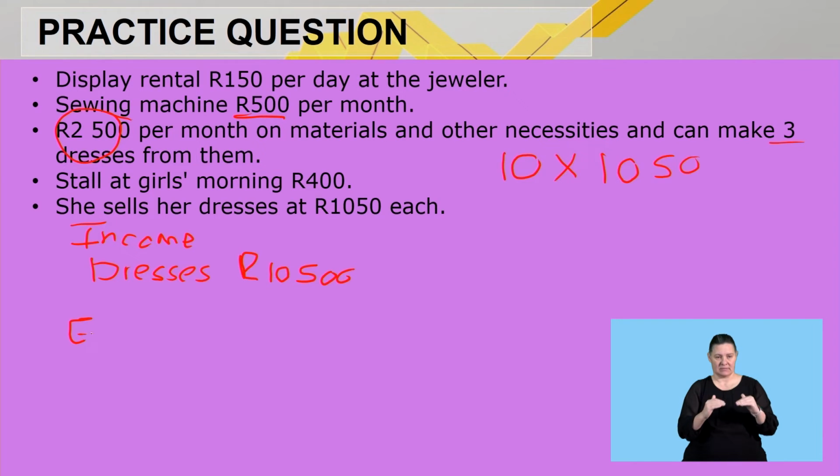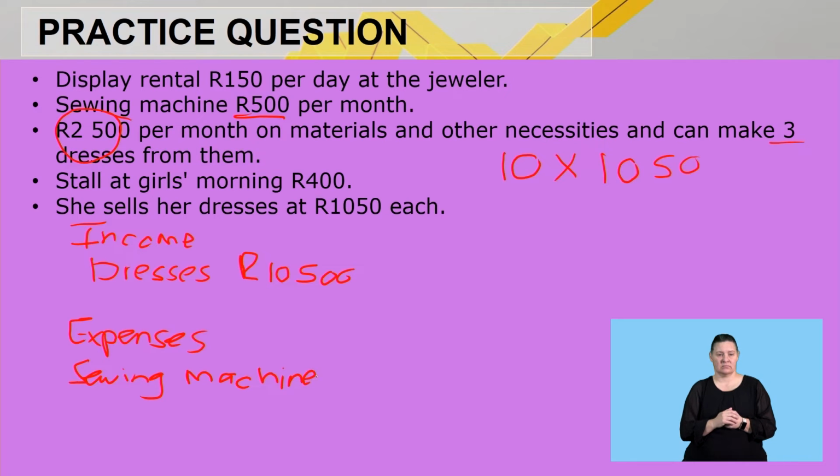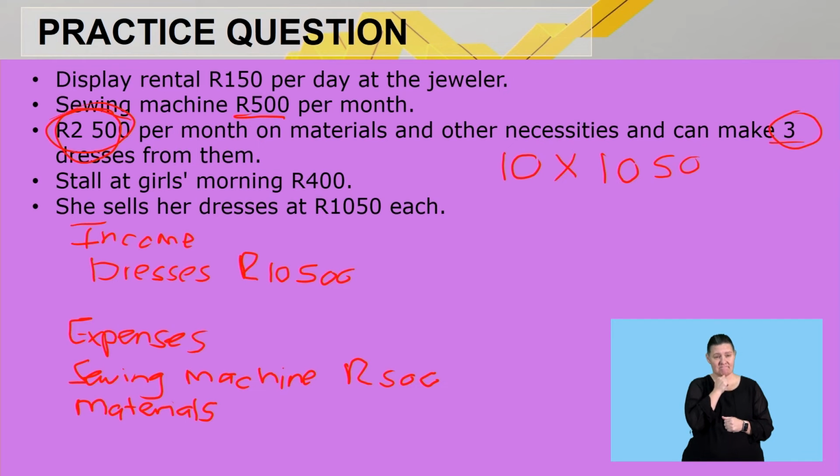We go to expenses. So her expenses is the sewing machine for 500 Rand, and her materials. Now her materials is going to change. Remember, with 2,500 Rand, she can make 3 dresses, and now she needs to make 10 dresses.